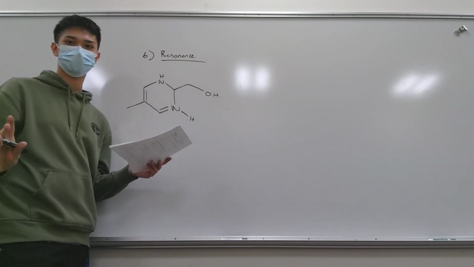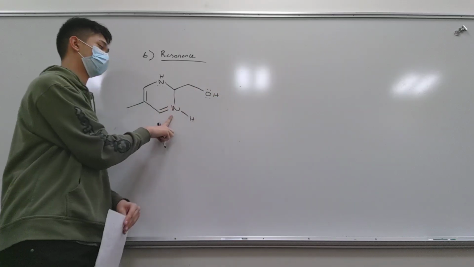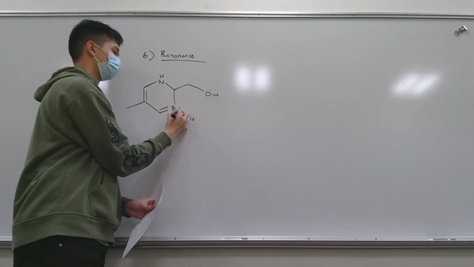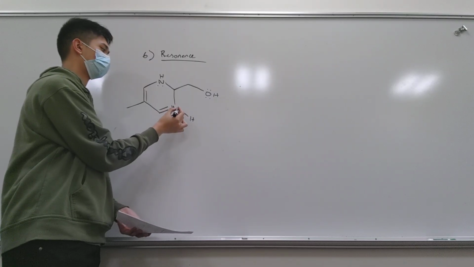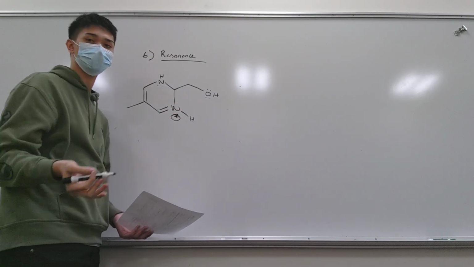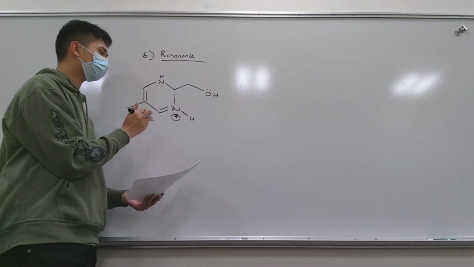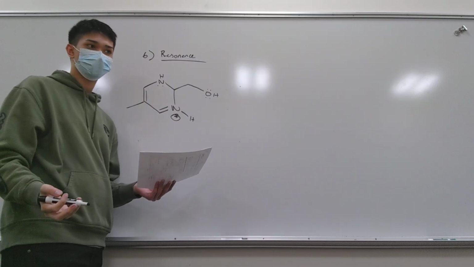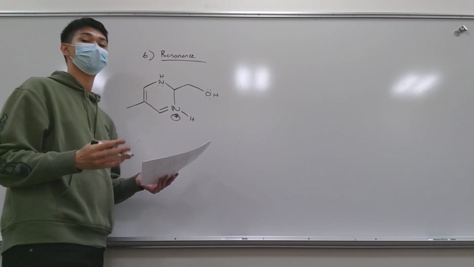When you're doing resonance, always include the lone pairs. This doesn't need lone pairs, so it has a plus charge because of the formal charge. 1, 2, 3, 4 valence electrons. It is lacking 1 valence electron, so it has that plus charge.